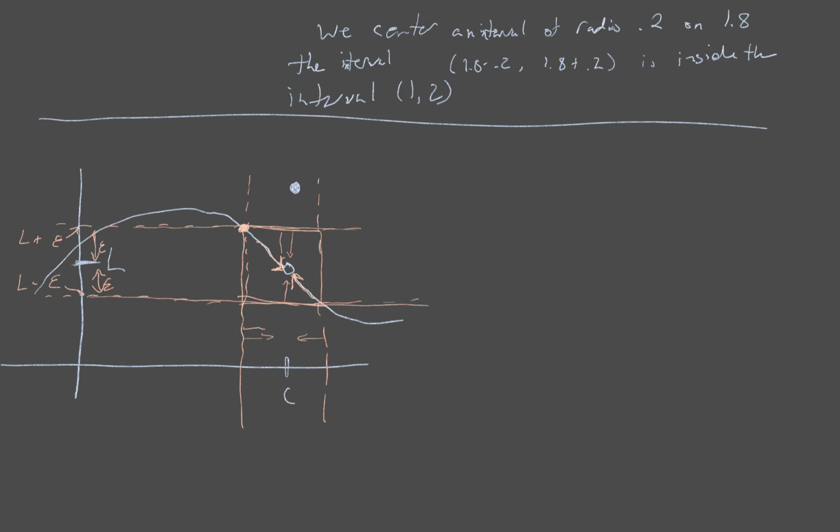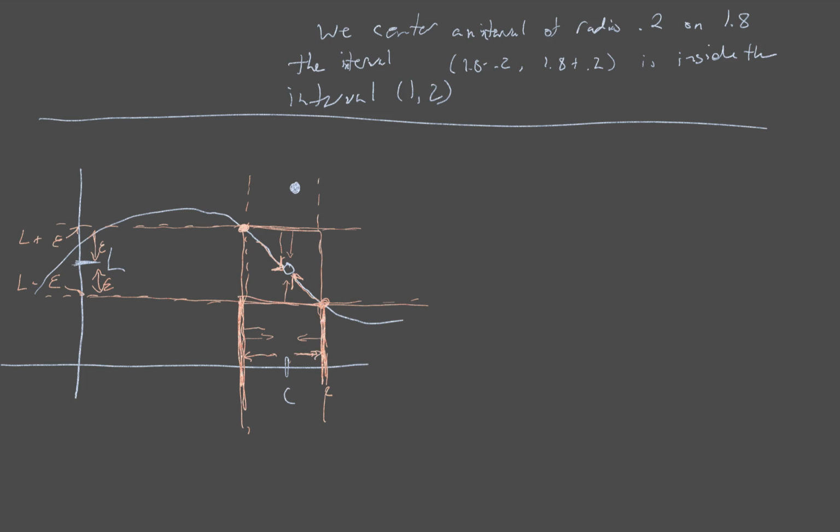The function crosses that horizontal line there and there, and that's going to give me some sort of interval around the point C, because L should be what we're getting close to as we get close to C. So there's going to be some distance here and some other distance here. And just like before, maybe this is at 2 and this is at 1 and C is at 1.8, right? These distances are fairly similar in this picture, but they don't have to be the same.